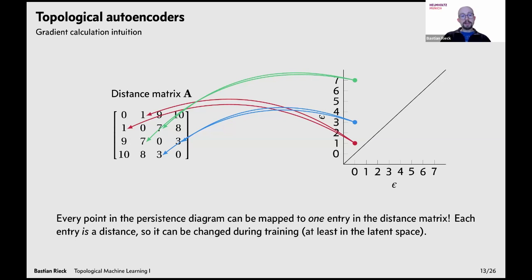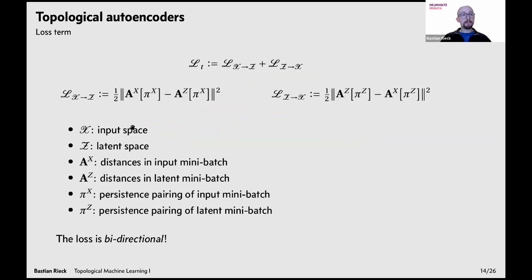And moreover, since each of these entries is a distance, it's a distance matrix, so each of these entries is calculated based on two data points. It can also be changed during training. So at least in the latent space that we use, we can use the distance and change it using gradient calculations.